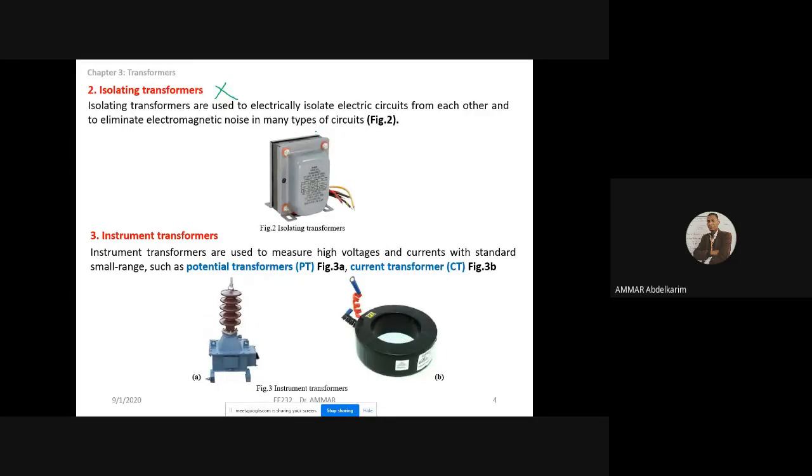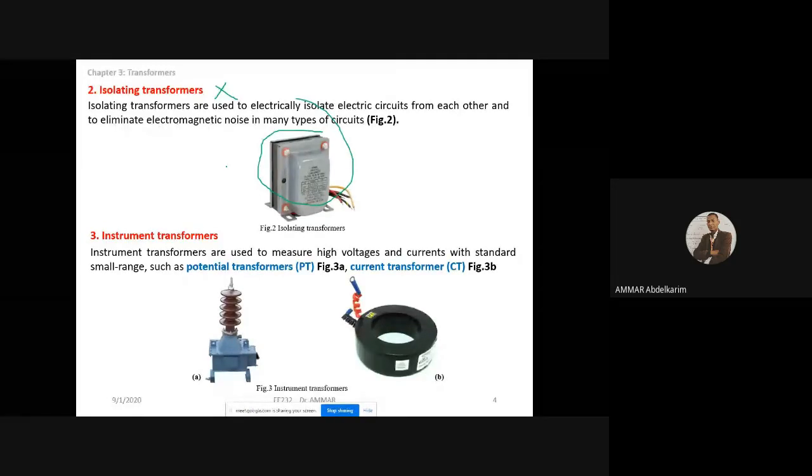We may find this isolation transformer in some electric installations. Isolation transformers are used to electrically isolate electric circuits from each other and eliminate electromagnetic noise in many types of circuits. This type of transformer does not increase or decrease the level of the electric energy. So the voltage of the input equals the voltage of the output. Also, the current of the input is equal to the current of the output.